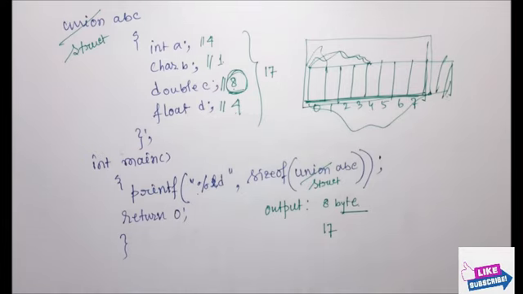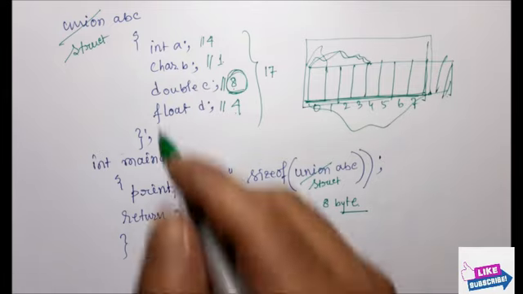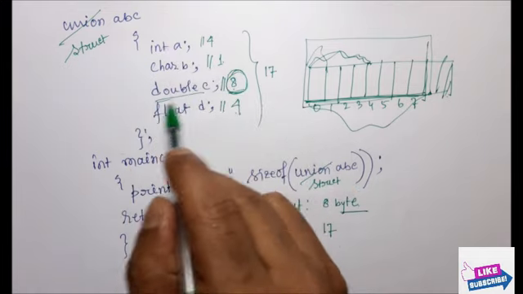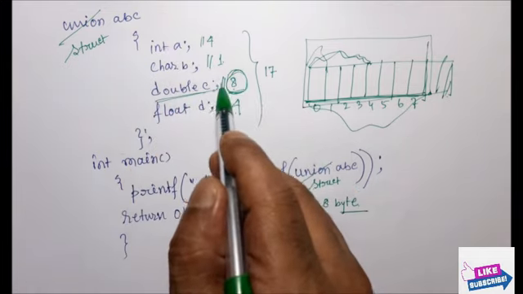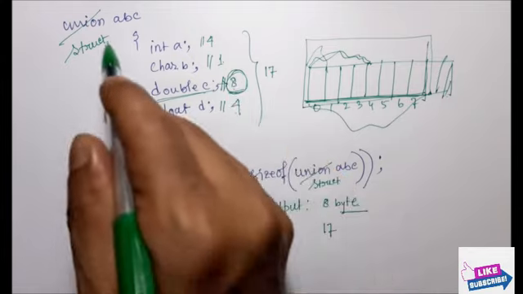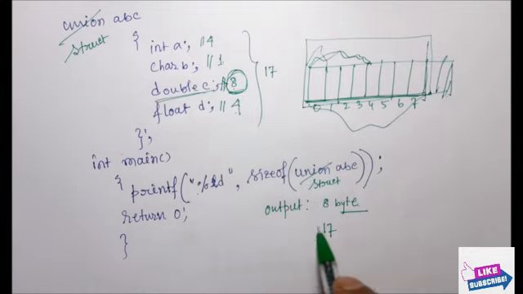Why? Because when we calculate the size of the union, the largest member's size will be the size of the union, and here in this example the largest member is double C and it occupies 8 bytes of memory. So, the size of the union will be 8, that is why I am getting the output 8 bytes.